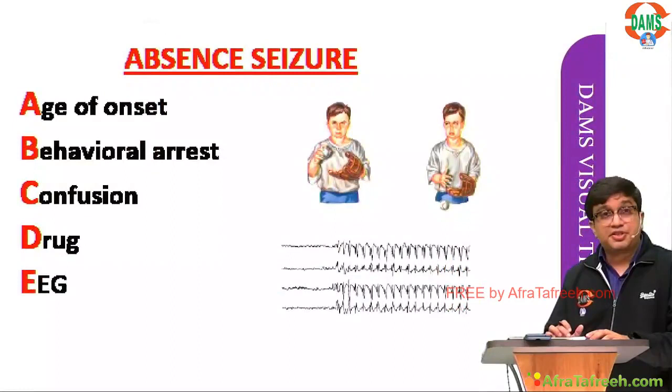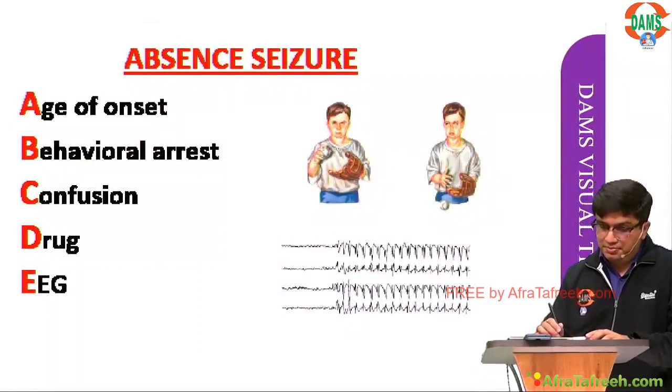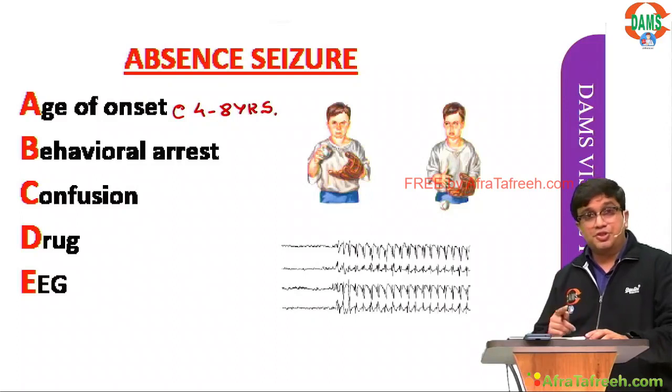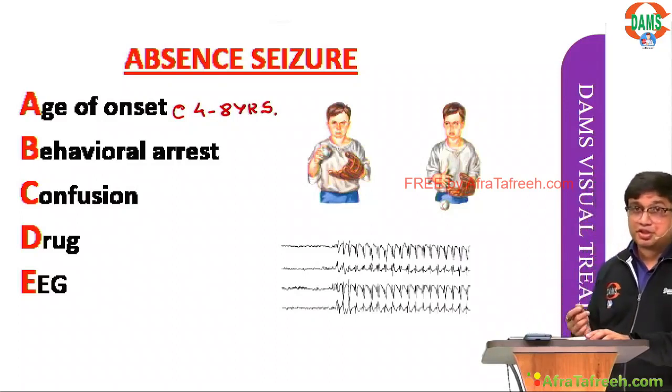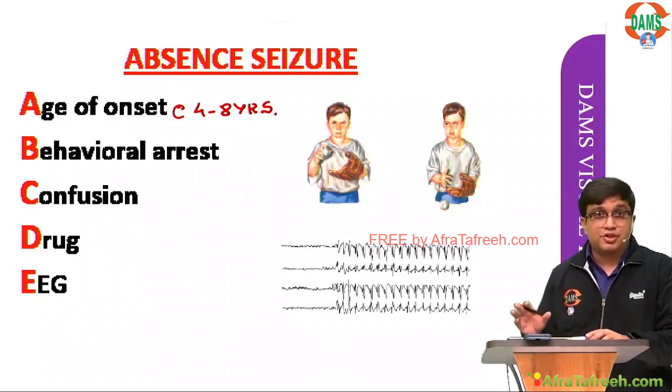Then we have the ABCDE, the absence seizure. If you remember about the absence seizure, the age of onset is 4 to 8 years generally. There are a lot of specifications regarding the most preferred drug and the drug of choice in these patients that we have already done in the class. This is just a quick revision of the previous notes.